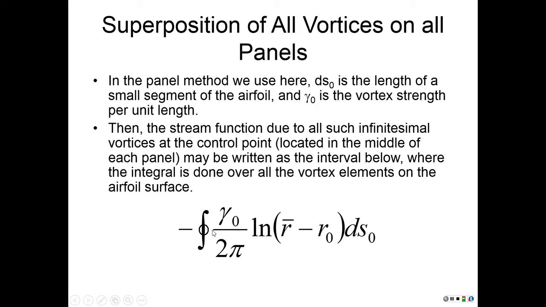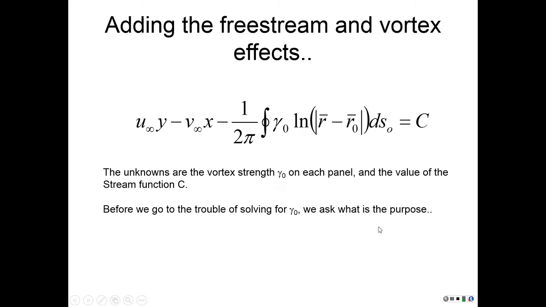This is a closed integral because our body is closed. It doesn't have to be, but we just acknowledge the fact we are dealing with a closed aerofoil section. So adding the free stream stream function plus the stream function induced by all these panels, we get a total stream function value.